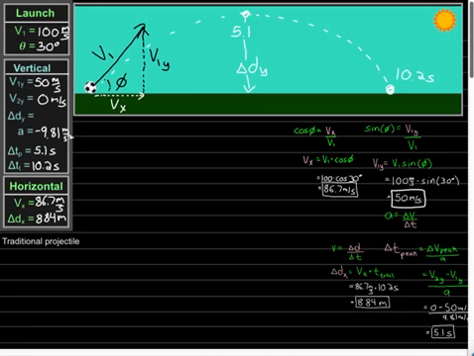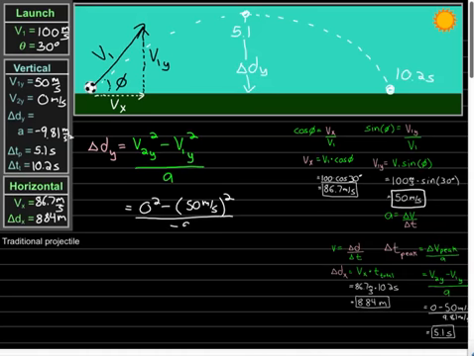Let's think about our 4 equations of accelerated motion. The one that relates to velocity and acceleration is going to be this. Delta dy, the height, is going to equal the final velocity vertically squared minus the initial velocity vertically squared divided by acceleration. Now, plugging things in, we get 0 squared minus 50 meters per second squared divided by negative 9.81 meters per second squared.